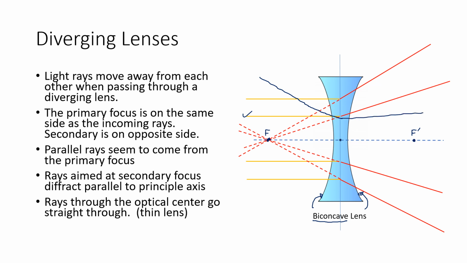So just the reverse of what we did on the previous type. And of course the same one, if you fire it straight at the optical center, it'll go straight on through, just like the biconvex lens. So you've got 3 options there. As long as it's a thin enough lens, you can use those same principles to work out where the image will be.